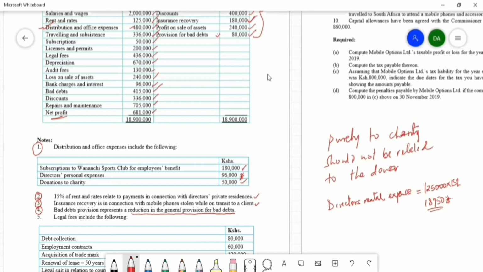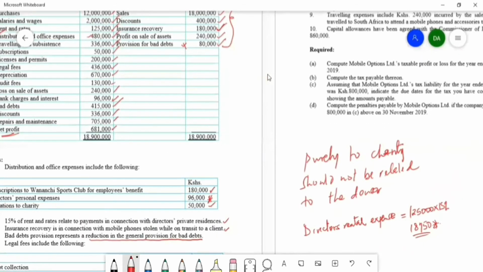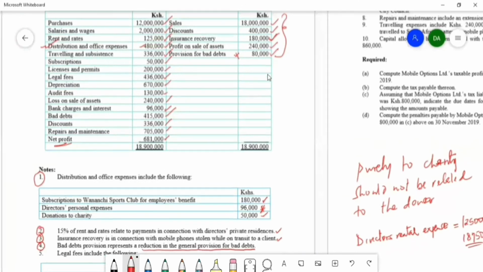In this case, it has been added, but it should not be added. So we will subtract it because it has been added, but it was not supposed to be added.